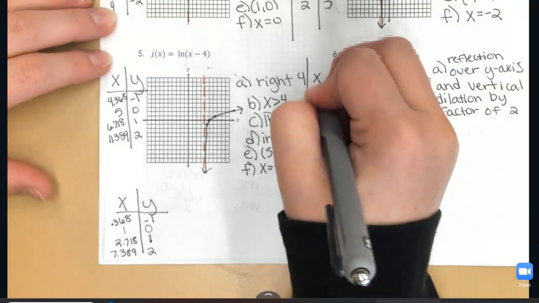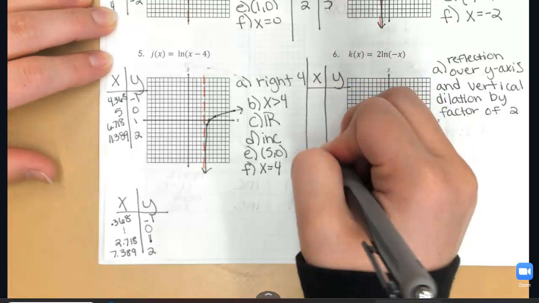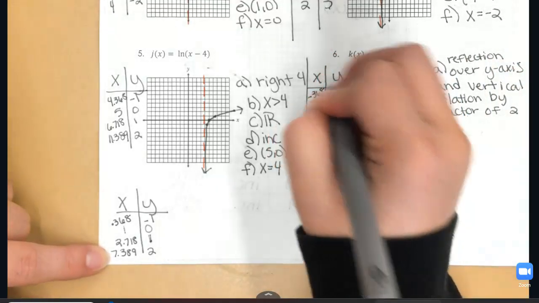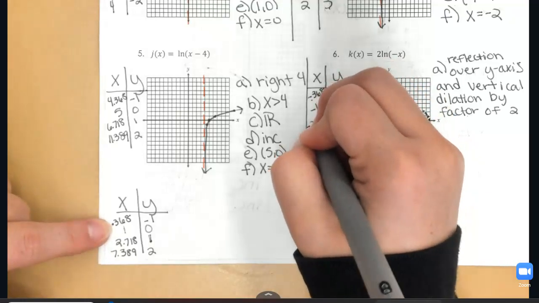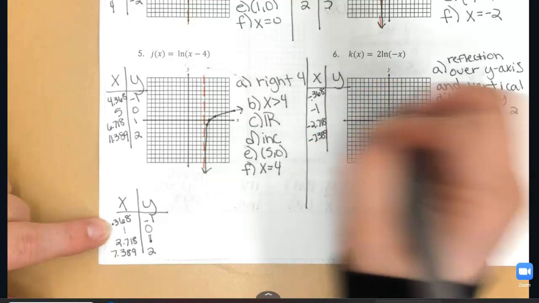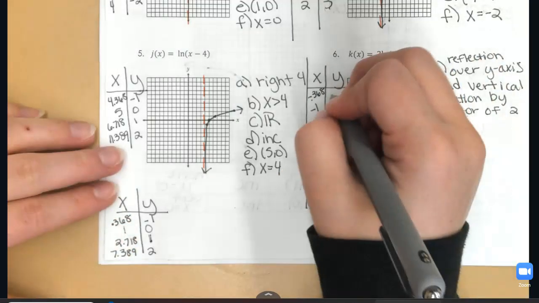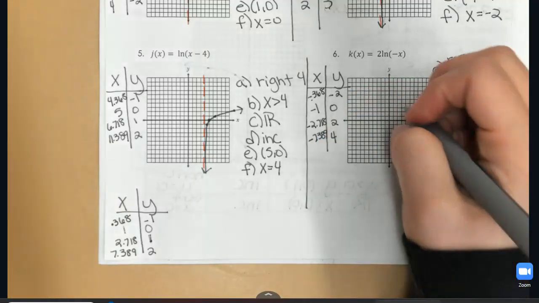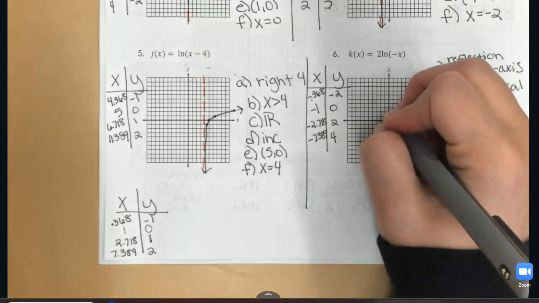So what this means in reference to my table is the sign of all my x's is going to switch. So since these were all positive, they will now become negative. And then the dilation means I'm going to double each of my y's. And now I can graph those.